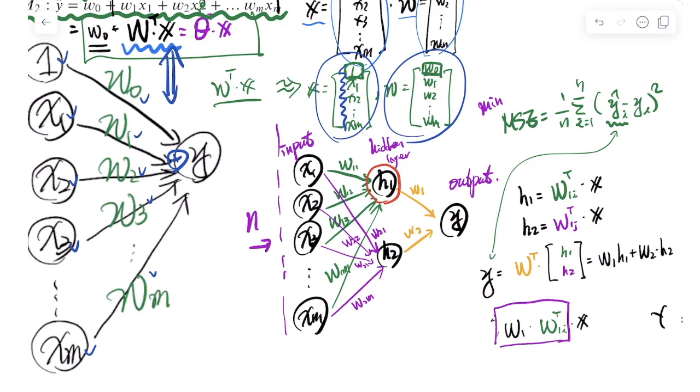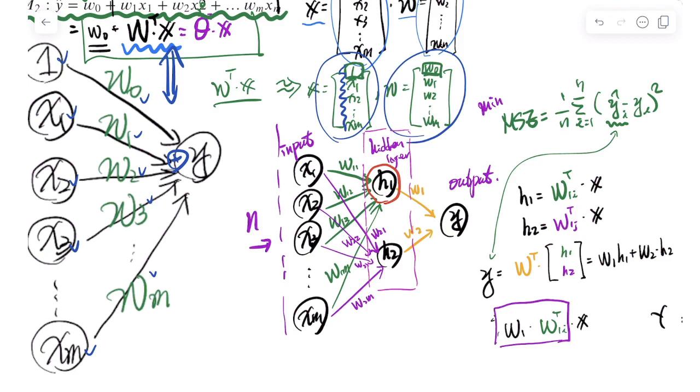Again, here we have an intermediate hidden layer, and we design it to have two neurons. So take the green weights.